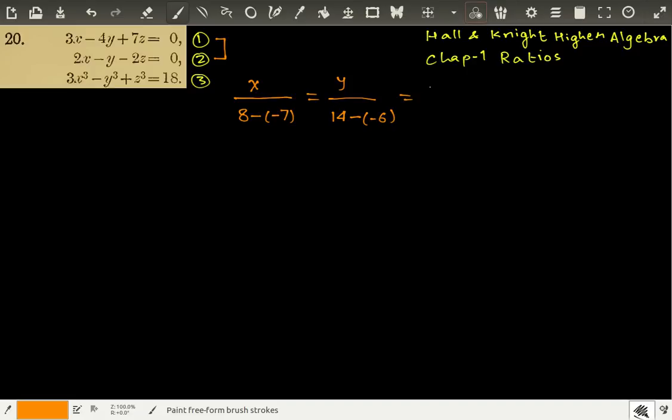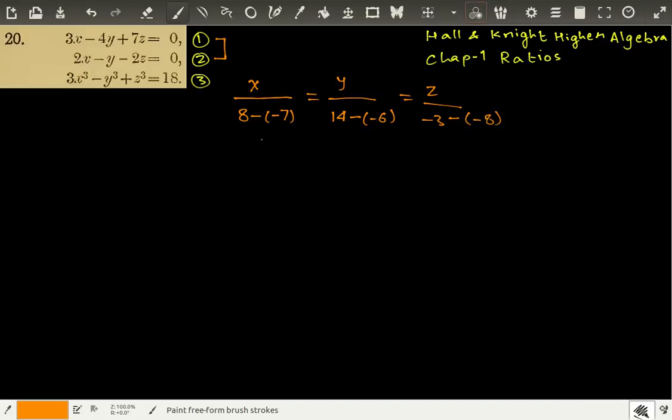is equal to z over 3 times minus 1 is minus 3, minus 2 times minus 4 is minus 8.